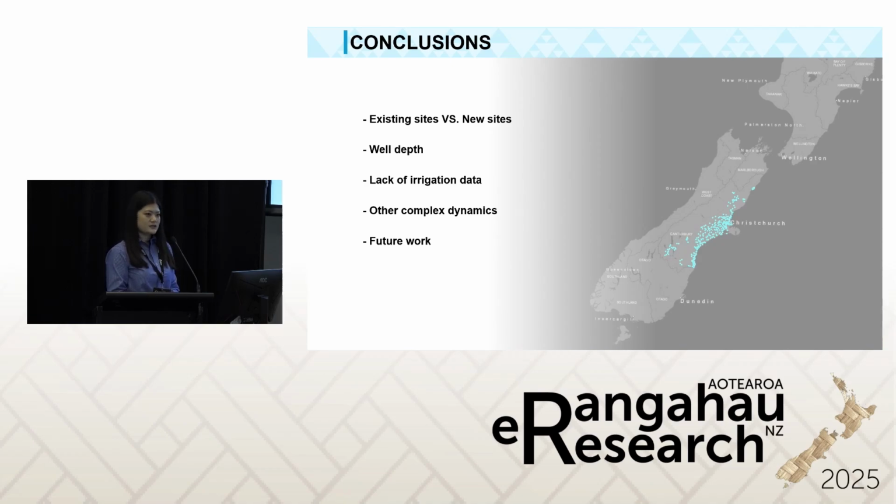Irrigation activities have a huge impact on the nitrate concentration in groundwater, but that data can be very hard to acquire. And we also haven't accounted for the complex hydrogeological dynamics of the groundwater and the actual human activities happening on the land surface.